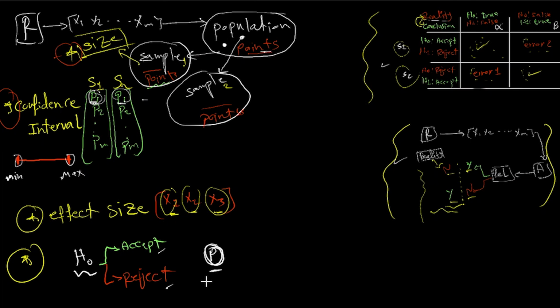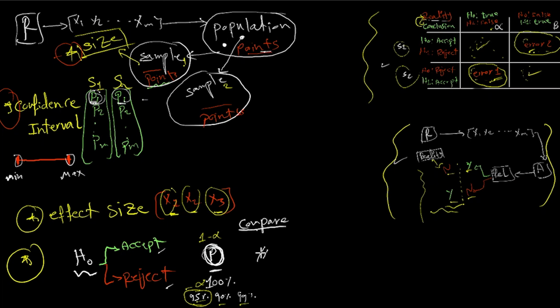Let's say, for example, this is the total level of confidence, 100%. Now, if you want a 95% level of confidence, the p-value will be 5%. If you want a 90% level of confidence, the p-value will be 10%. If you want 99%, the p-value will be 1%.